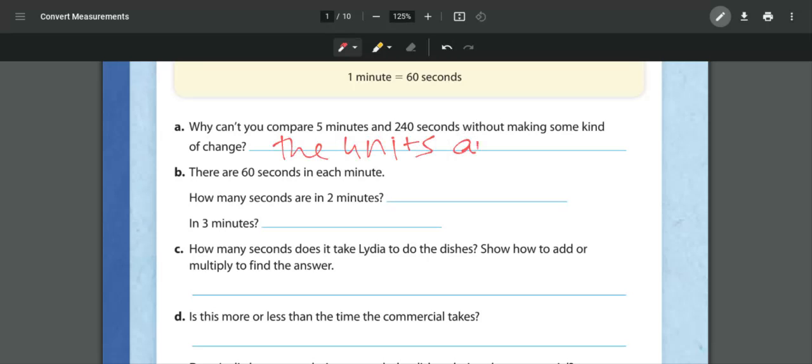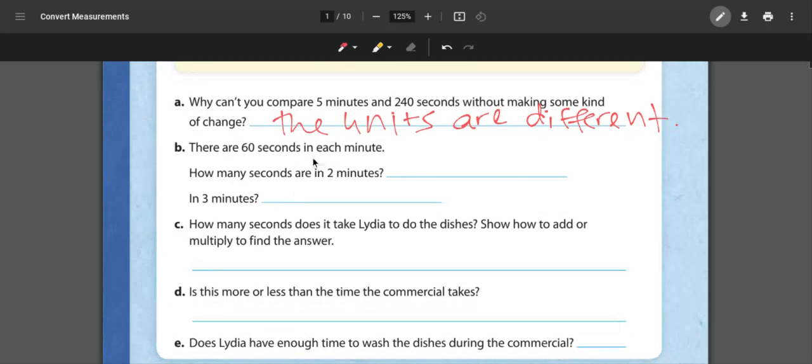Make sure you're copying this down in your notebooks, because if you do not, then you will not have notes to go back to when you're trying to work out the problems.